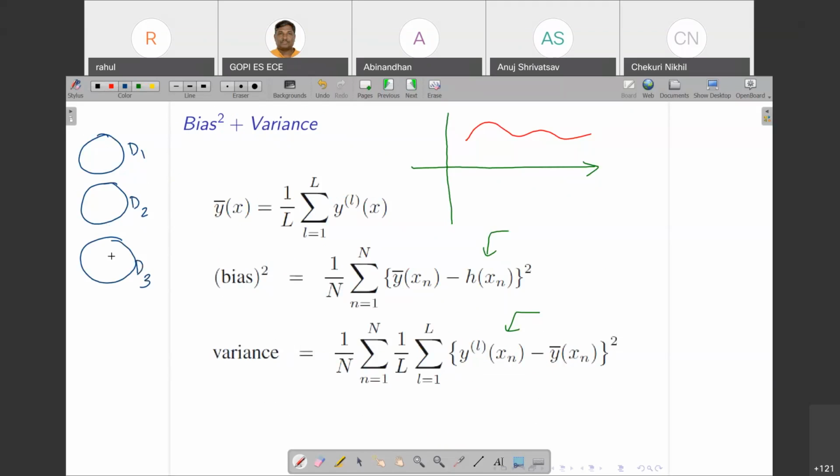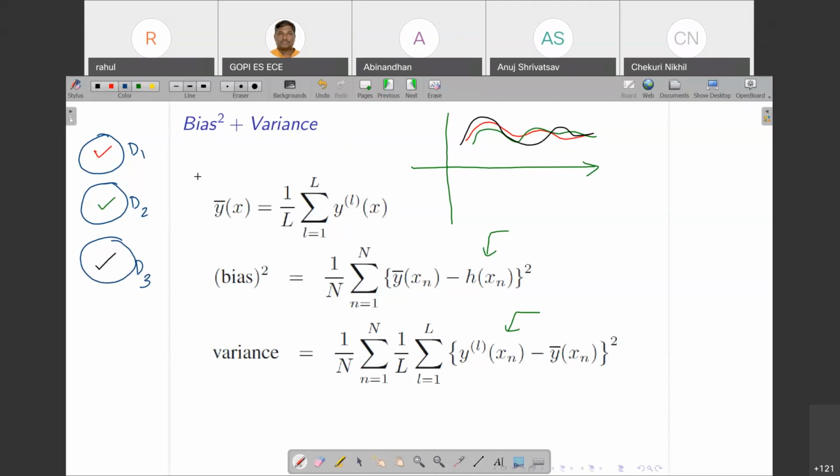Using data set 1 we get this curve, using another data set we get another curve, and using the third we get another curve. So this is a plot of three regression models we are able to get, because it is data dependent.